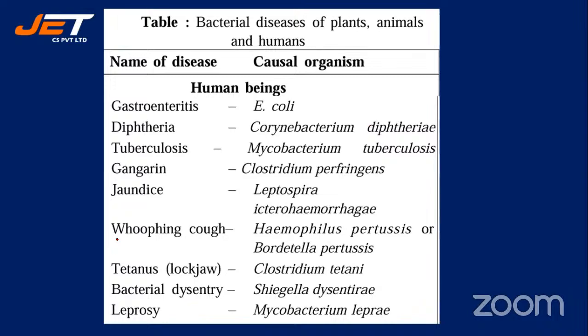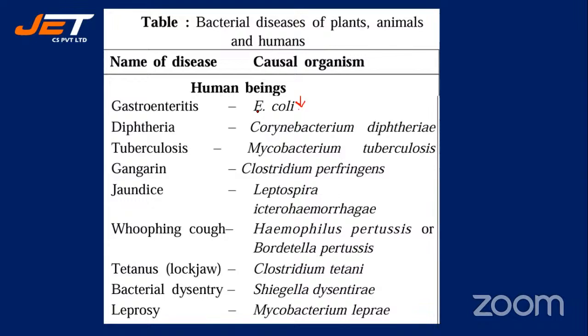Gastroenteritis is E. coli. Why? Because if the population of E. coli reduces, then no one is there to help us, right? So that is the reason gastroenteritis is being caused by E. coli. Diphtheria is Corynebacterium diphtheriae, tuberculosis is Mycobacterium tuberculosis, gangrene is Clostridium perfringens.